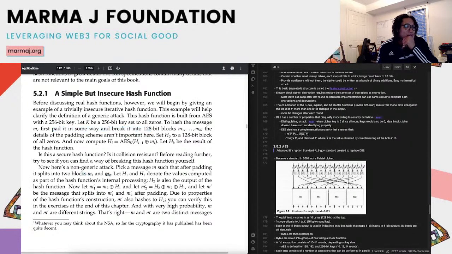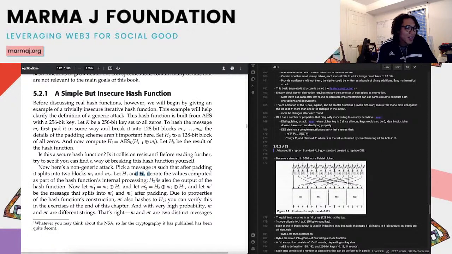Anyways, you have M1 and M2. That's clear enough. Let H1 and H2 denote the values computed as part of the hash function's internal processing. Sure. So the hash function just spits out H1 and H2. H2 is the output of the hash.